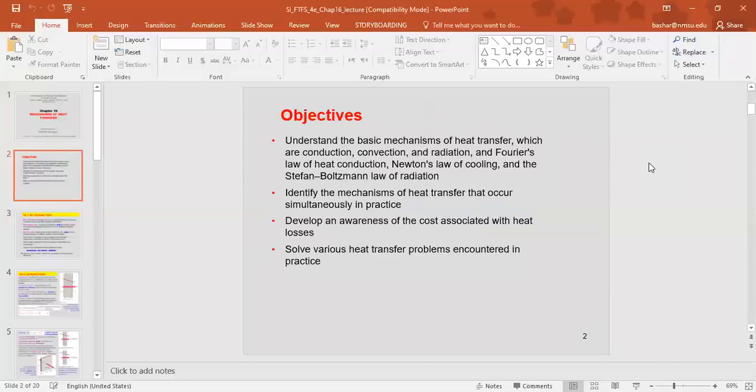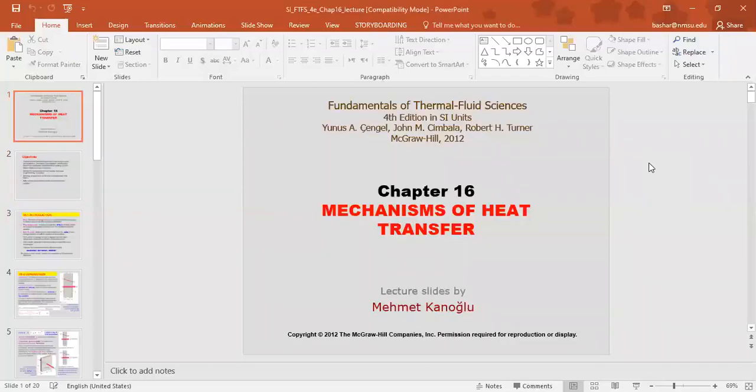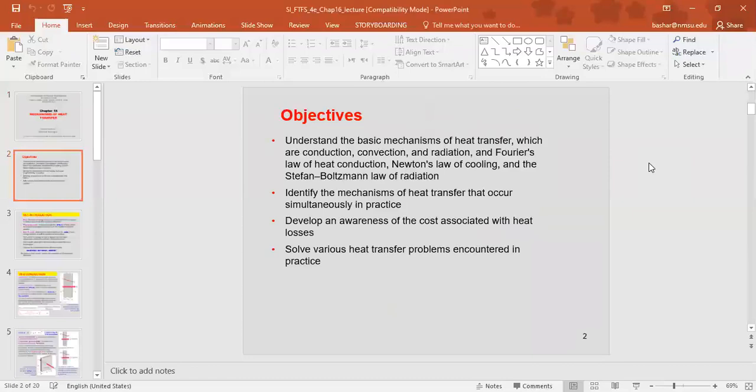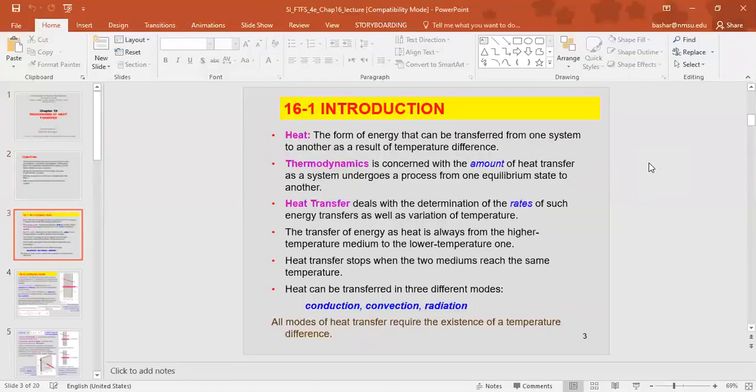So here in chapter 16, we will talk about the mechanisms, how this heat is transferred, or the modes. The objective here is to introduce the basic mechanisms of heat transfer.